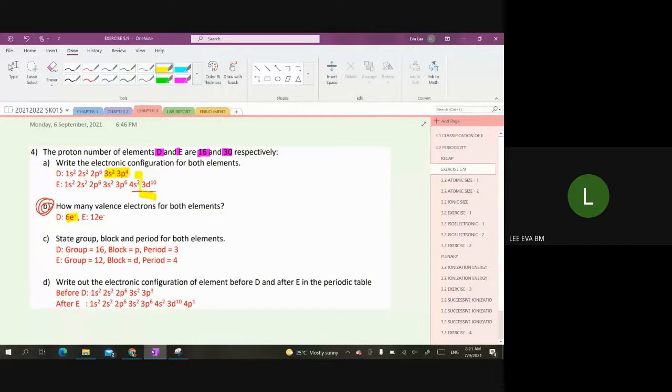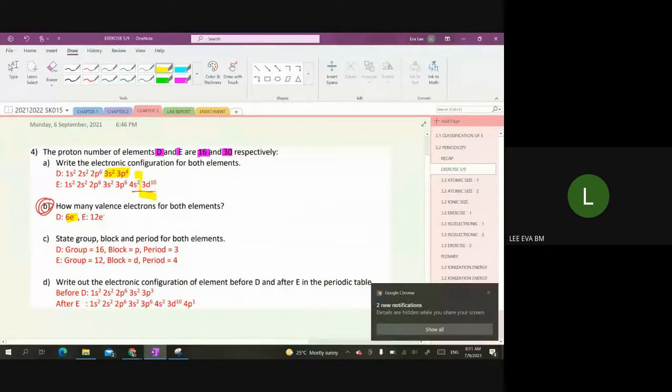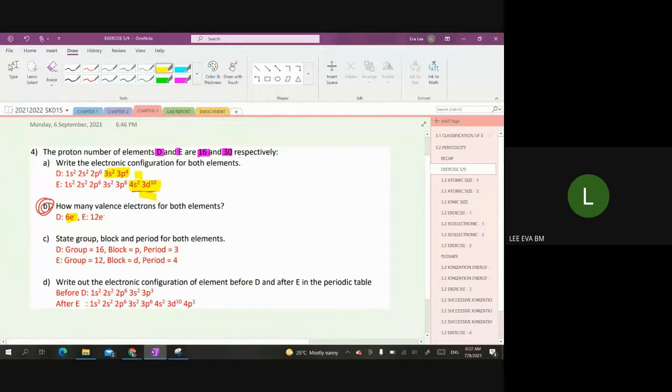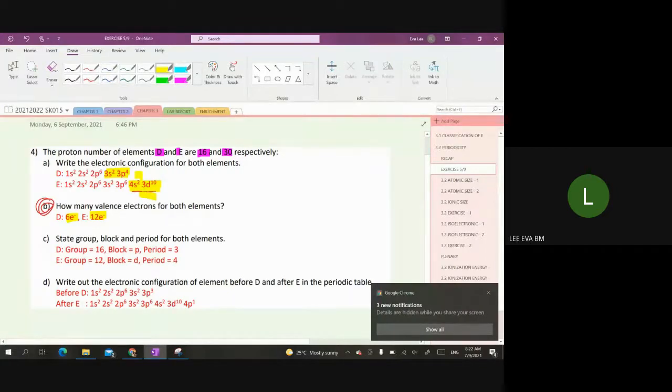Okay. So if the electron has just entered 3d, 3d is full but it hasn't entered 4p yet, don't reverse the order first. What madam is trying to tell you here is that 4s2, 3d10 is your valence electrons. So in this case, the valence electrons for element E will be 12, instead of some of you writing 2.